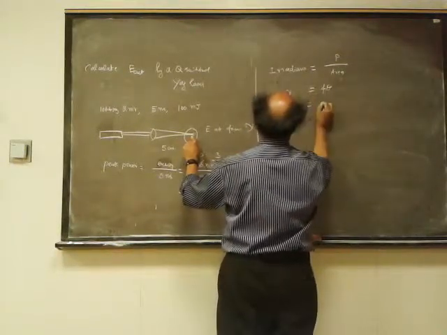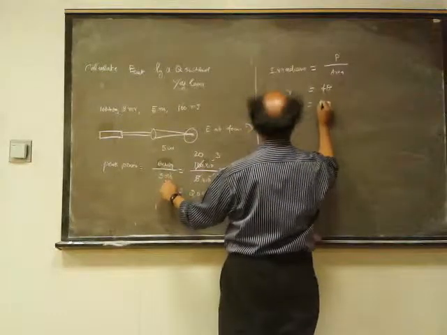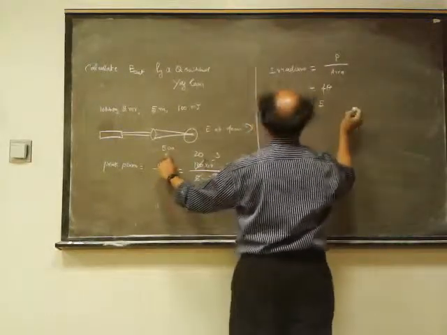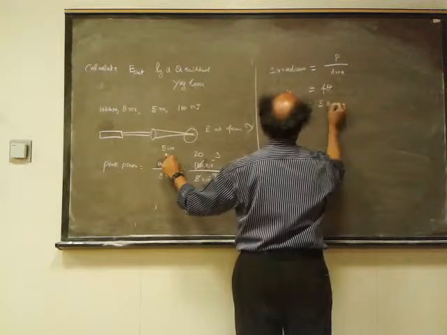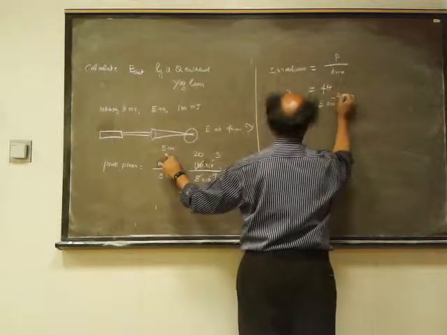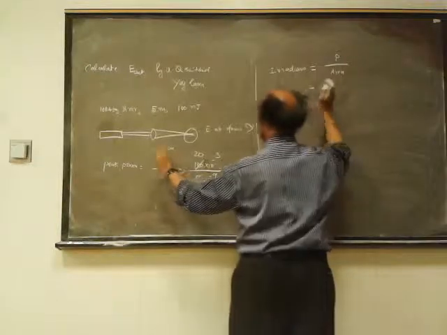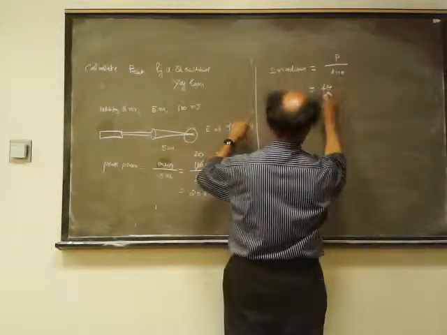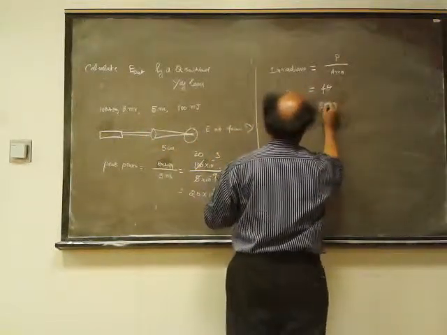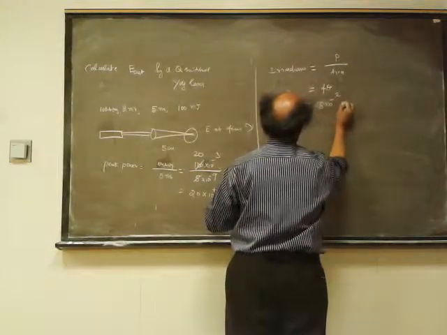The focal length is 5 centimeter, which is 5 into 10 power minus 2 meters.